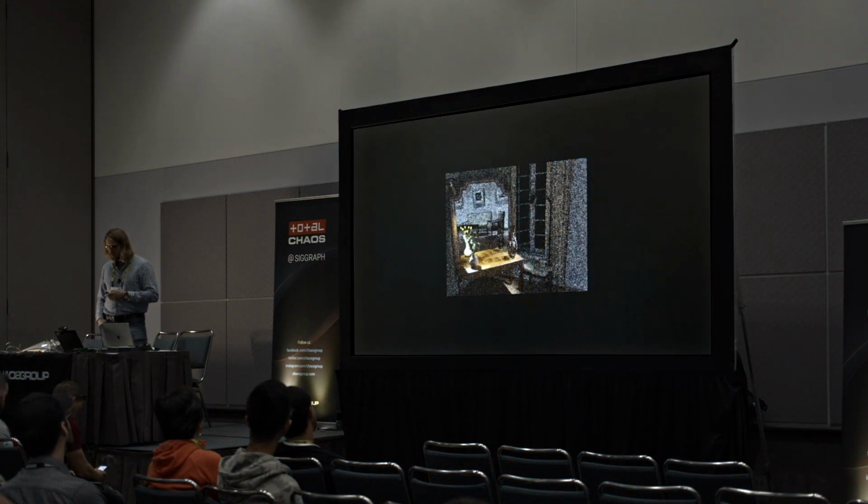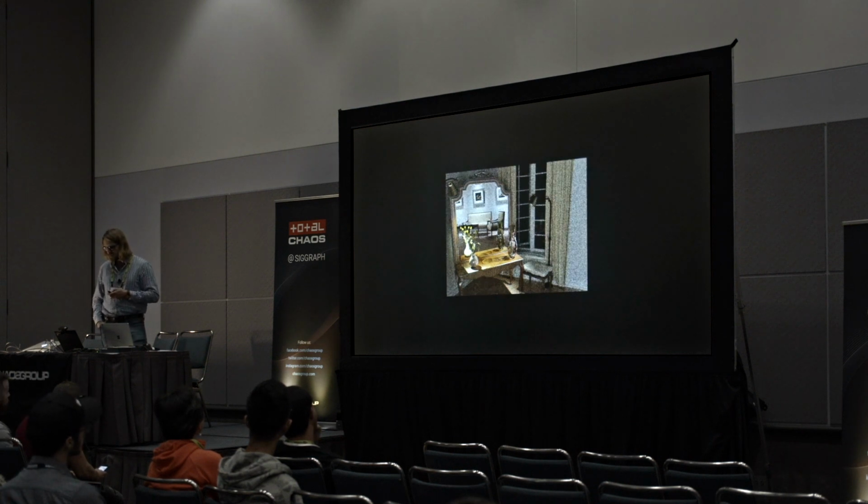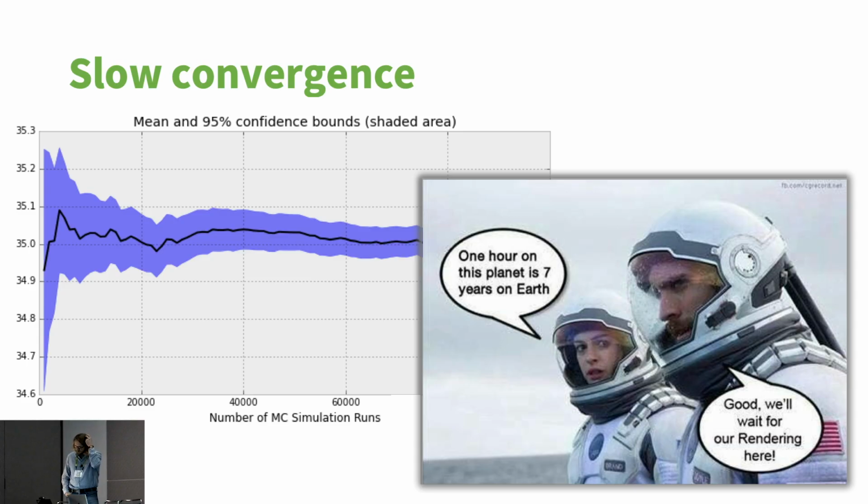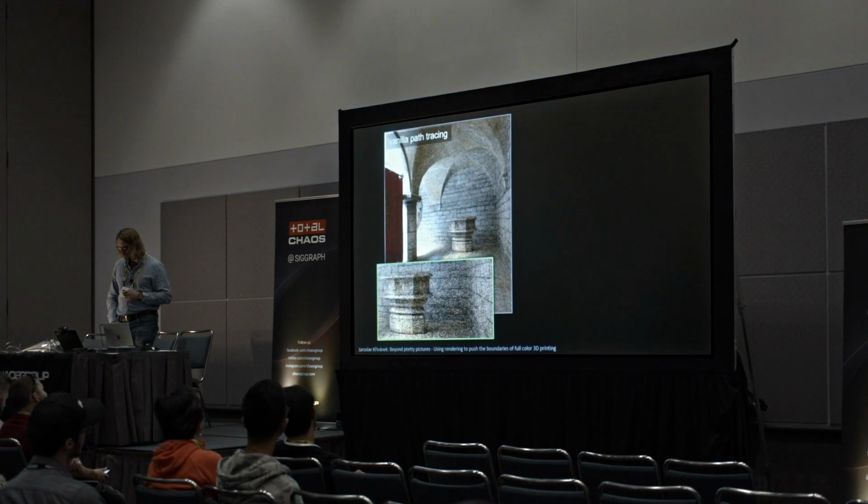This happens by randomly picking these paths and averaging their contributions. So we start with a noisy image, and as we add more and more of these paths, the image converges to some final solution. Of course, as we know, this takes a lot of time because the underlying so-called Monte Carlo process does not have very good convergence properties, and that's why we have jokes like that. Yes, rendering is a really slow process.